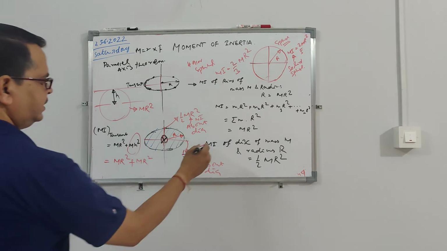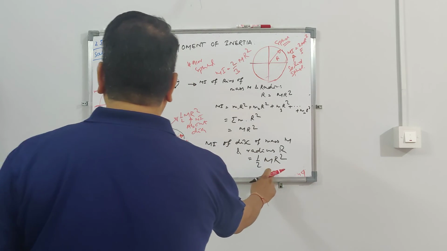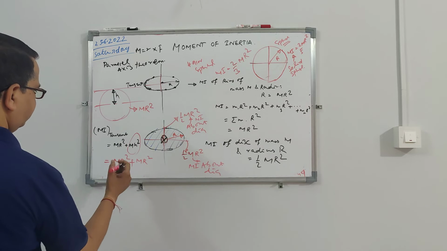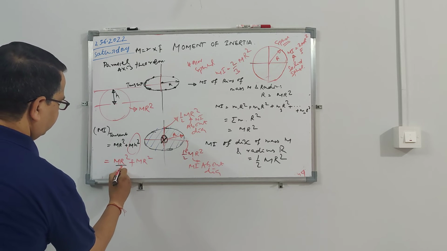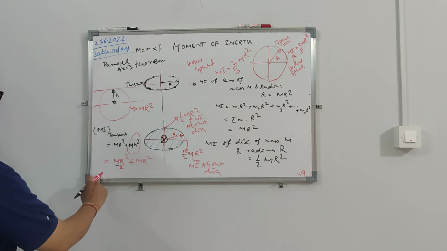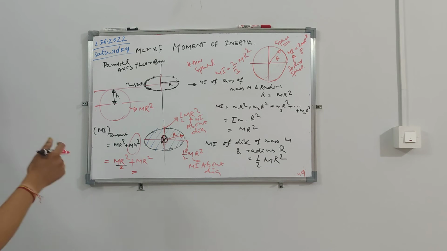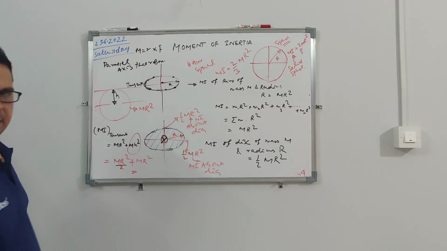For the disk, I have told the moment of inertia is mr square by 2, right? Taking the diameter for the disk, half mr square plus mr square will get added.